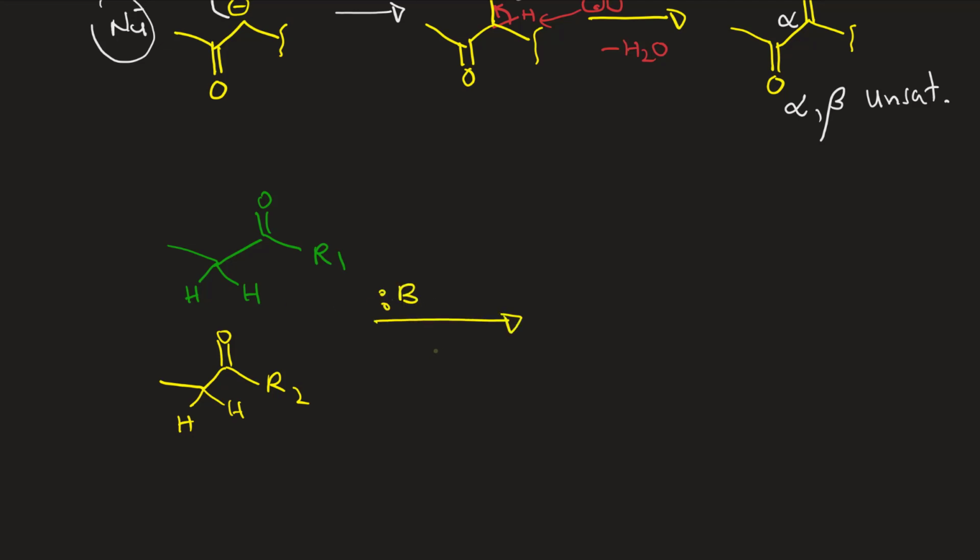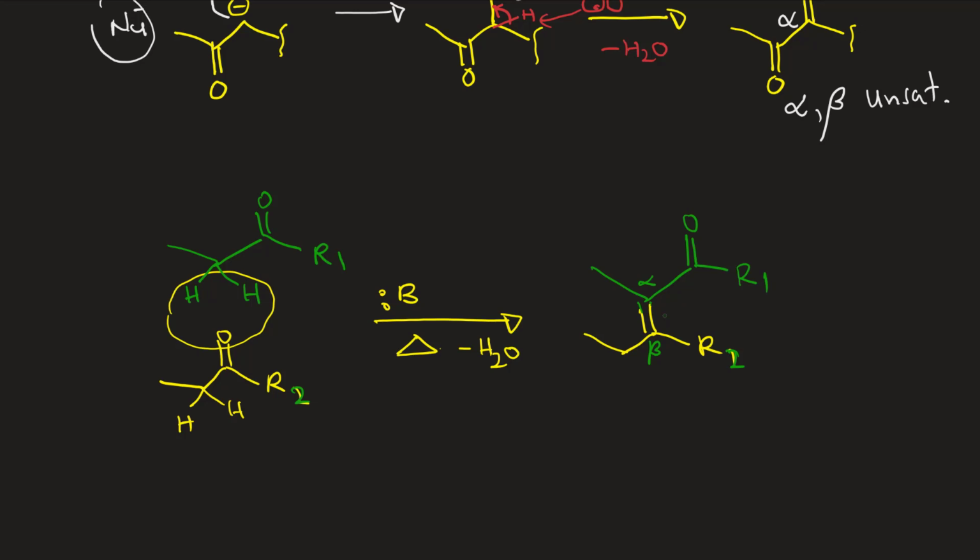It's an easy way to look at it: with base, and if I have heat, the base takes out the alpha hydrogens, and together with the oxygen on the carbonyl, you remove a water molecule, minus water. Now you have created the double bond between the green chain and the yellow chain. That's the easy way, a shortcut to the end product, the alpha beta unsaturated compound. Got it?